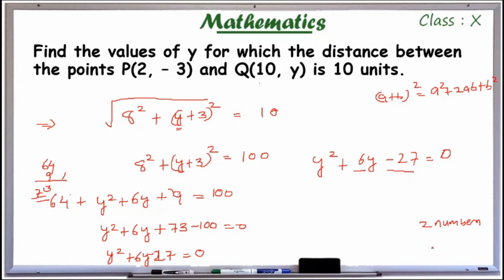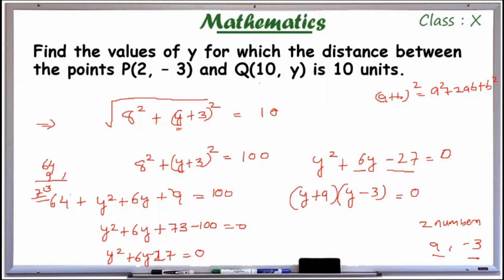So I can choose 9 and minus 3, such that the sum is 6 and the product 9 into minus 3 is equal to minus 27. So I can factorize this into (y plus 9)(y minus 3) is equal to 0.